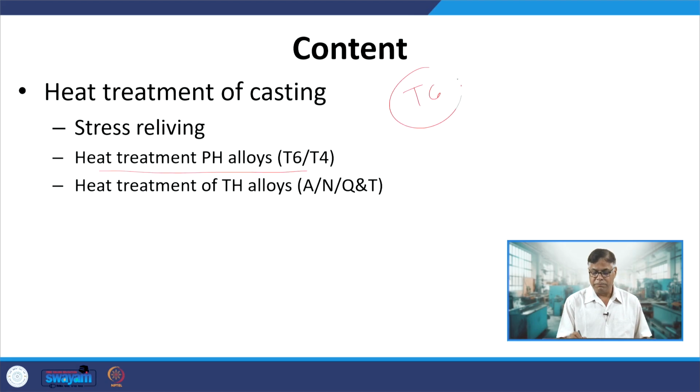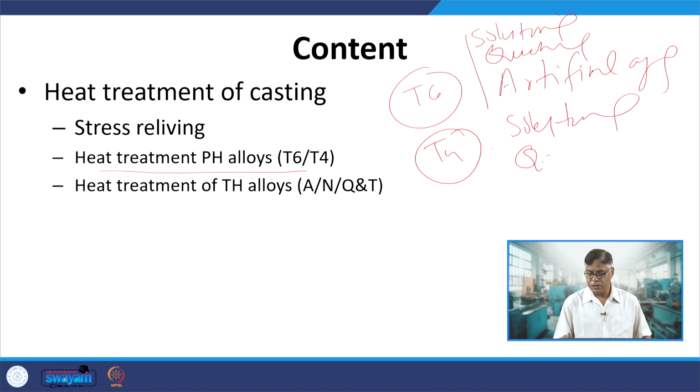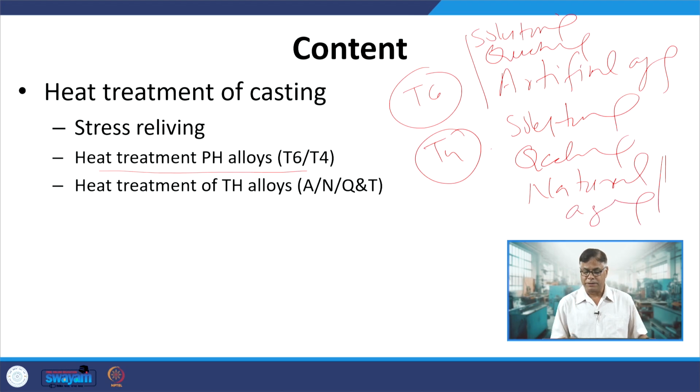We can perform T6 heat treatment, which is a combination of solutionizing, quenching and artificial aging. These are three steps. In the case of T4 heat treatment, we do solutionizing, quenching, followed by natural aging. There is no artificial aging, but aging is done under ambient conditions, so this happens slowly. These are the steps related to the two types of heat treatment.